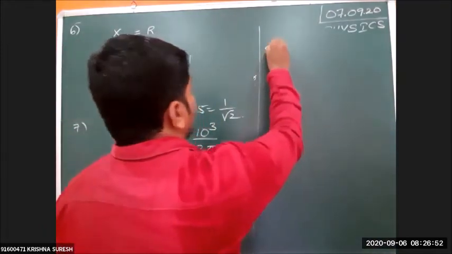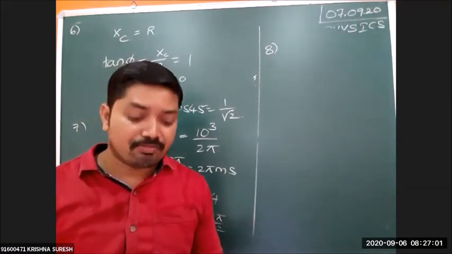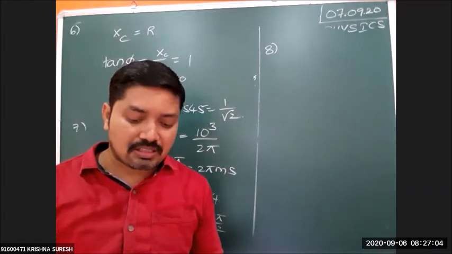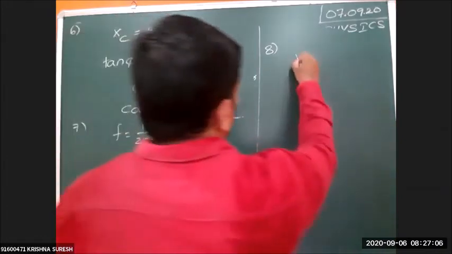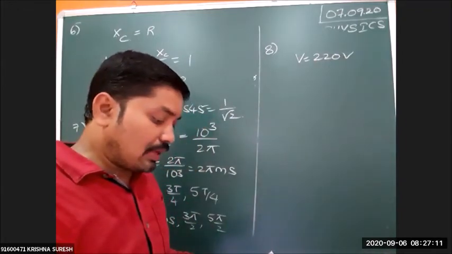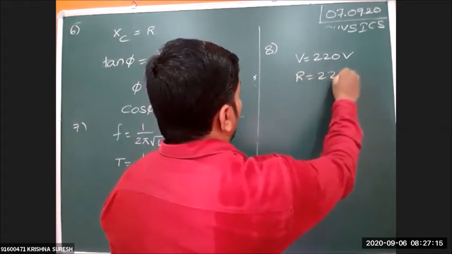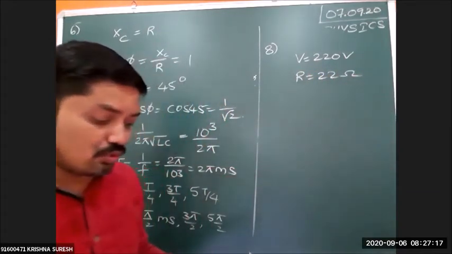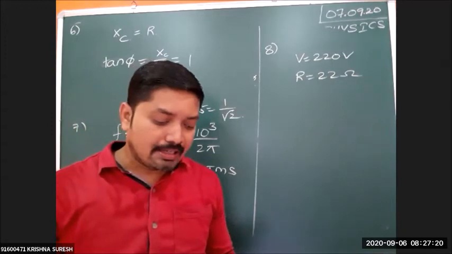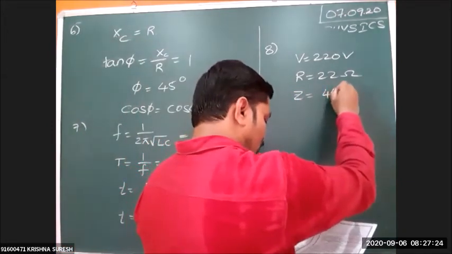Next, question number 8. An alternating supply of 220 volt is applied across a circuit with resistance R equal to 22 ohm and impedance Z equal to 44 ohm.